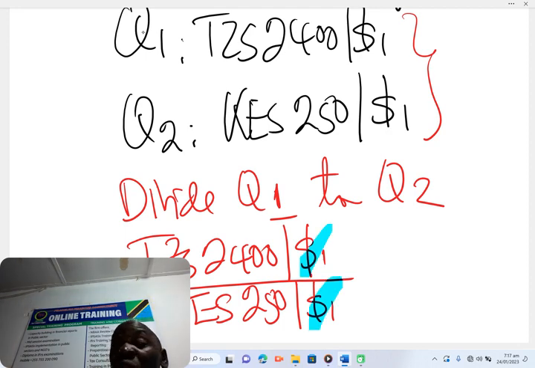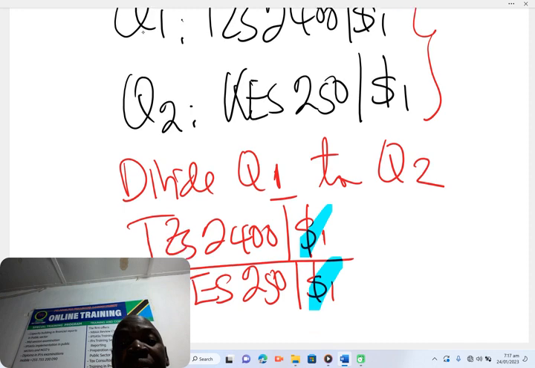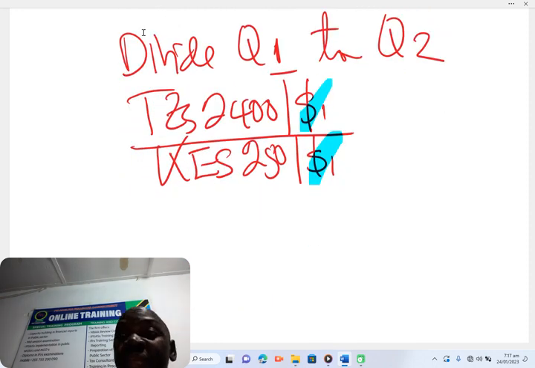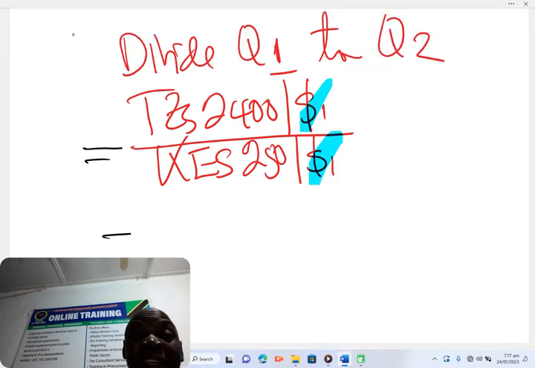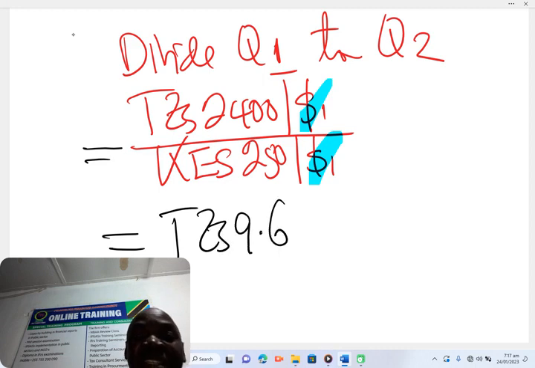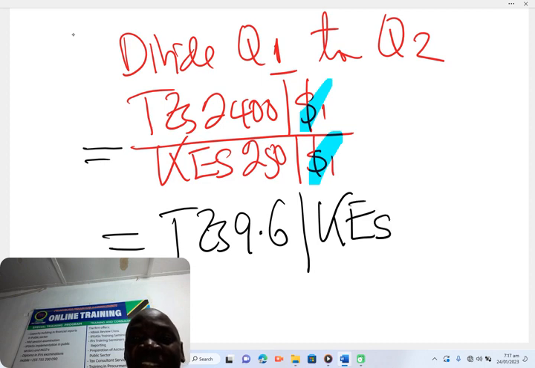Now divide 2,400 by 250. How much you get? You just take the division, no more division. 9.6. So this is Tanzania 9.6 per what? Per 1 Kenyan shilling.